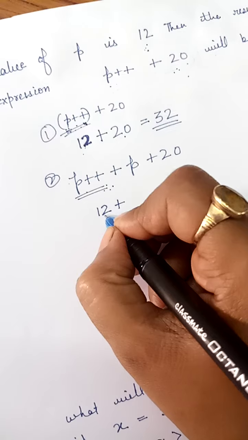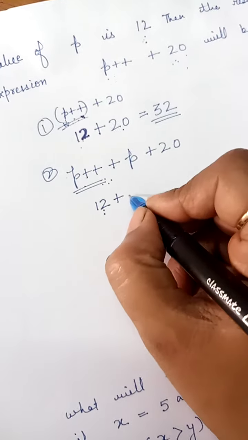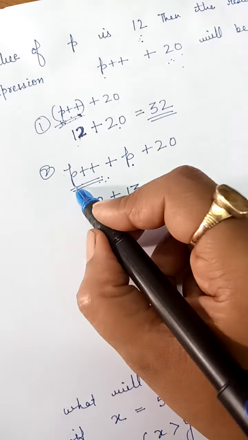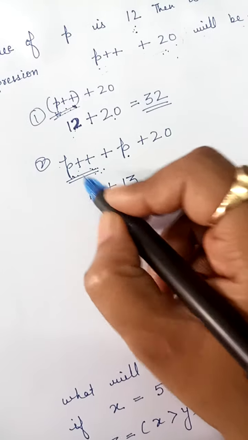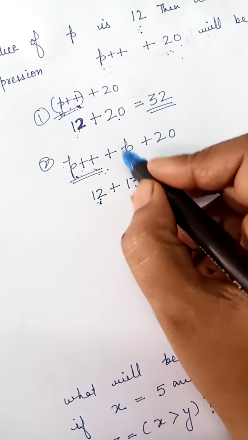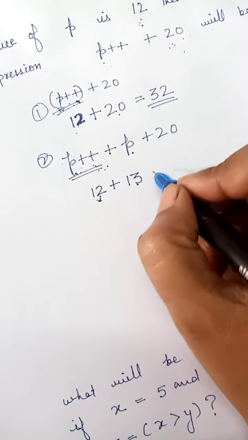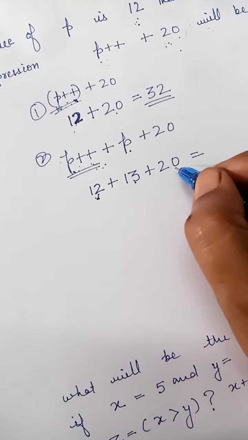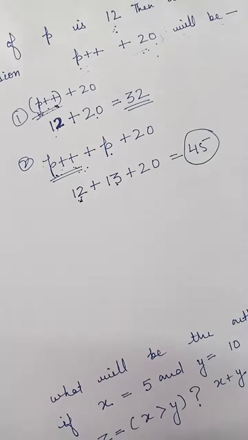After using the current value 12, p will become 13. So the value of p is now 13. P was initially 12, 12 plus 1 is 13, but you will use the current value first, use then change. So the value changes after using 12. So 12 plus 13 plus 20, the answer will be 45.